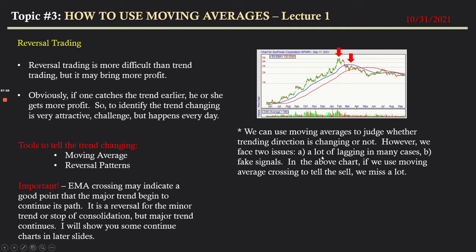Well, here are the two points we have to make. One is there's a lot of lagging. The maximum point for this example is probably like 54. But if you look at the moving average changing, you see it's probably 30s.